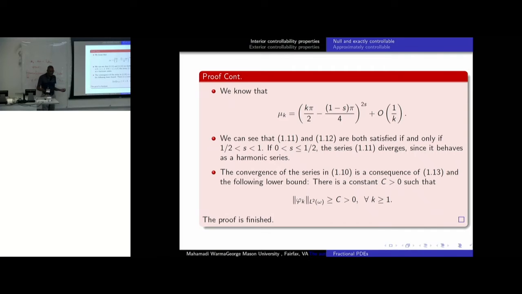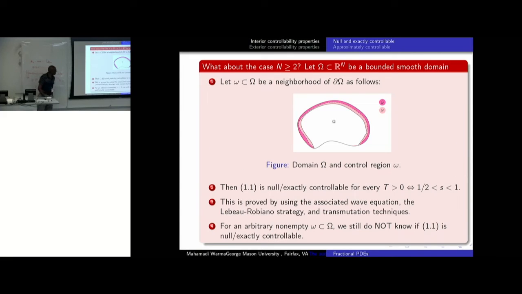But in dimension n, it's almost impossible, because unless you have a very special geometry, you cannot get the eigenvalues correctly like in 1D. But what happens in n dimensions?